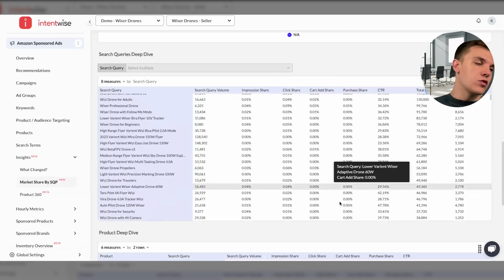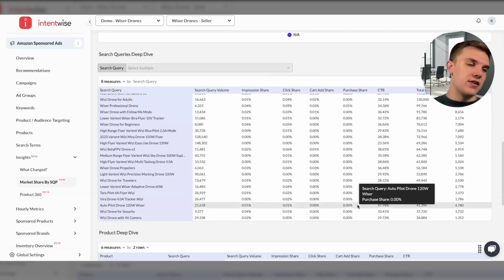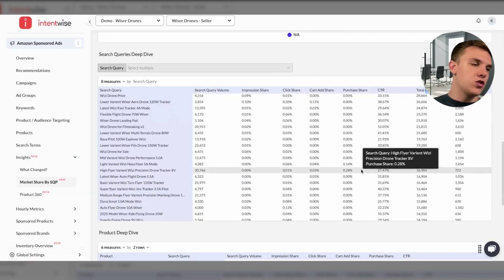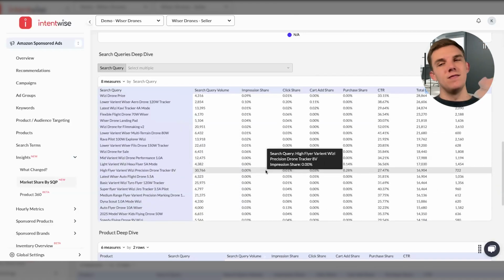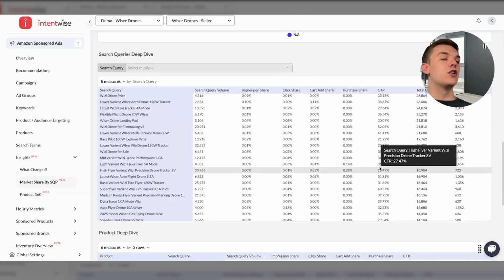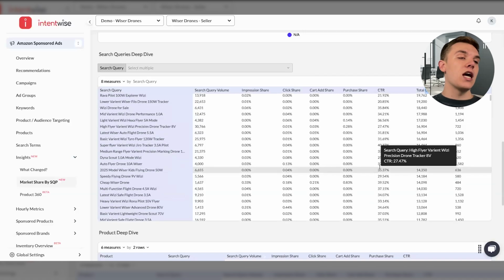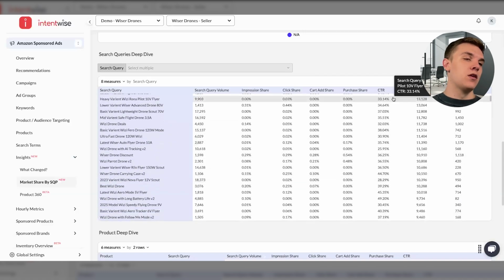If I was looking at where are my most clicked terms, where do I have a decent purchase rate? Here we go, 0.28%. But my impression share, again, probably not something you'd see at 0.00%. But if this is truly what my data showed me, my click share is weak, but my purchase share is amazing. So this is the term I need to focus more on because I'm getting a good conversion rate on it. Those are the type of things that this data set would allow us to see.